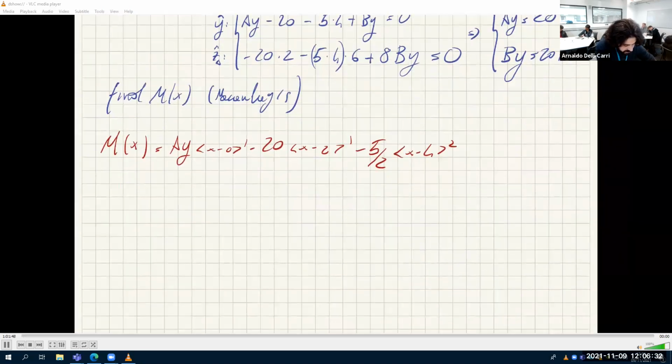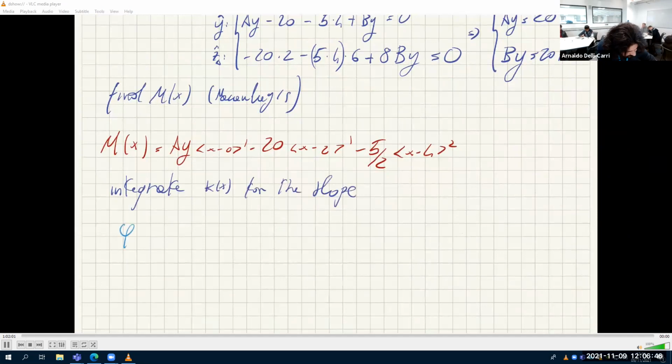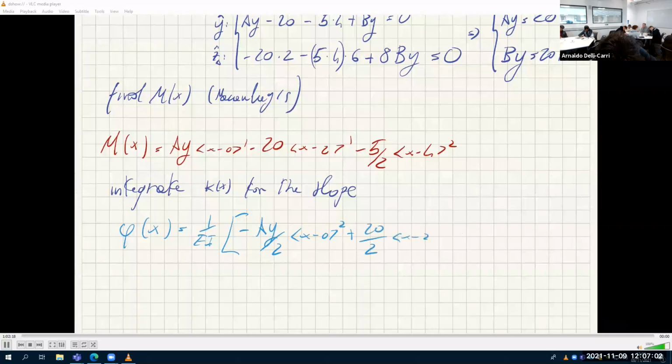Integrate M of x for the slope. So phi of x is 1 over EI times the integral of this with the sign changed. So it's minus AY divided by 2 times x minus 0 to the power of 2, plus 20 divided by 2 times x minus 2 to the power of 2, plus 5 over 6 times x minus 4 to the power of 3, plus C1. Easy.